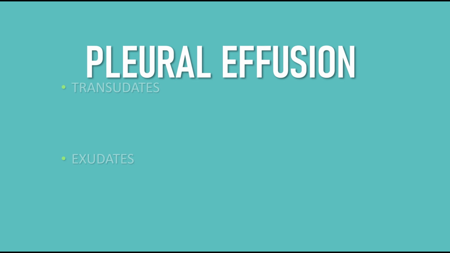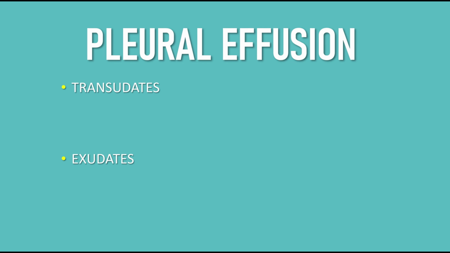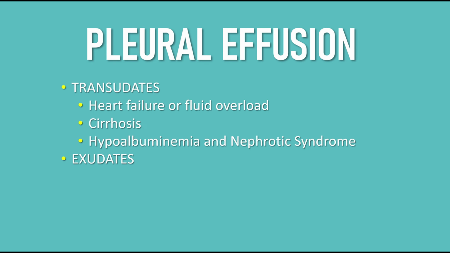Pleural effusions are typically transudates or exudates. A transudate is the result of increased pulmonary hydrostatic pressure or reduced oncotic pressure. An exudate is caused by local inflammation and increased vascular permeability. Typically, transudates are caused by heart failure or fluid overload. We see that a lot in the ICU. We see it with cirrhosis and hypoalbuminemia for any cause, particularly nephrotic syndrome.